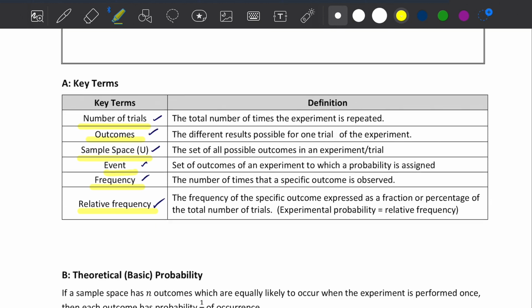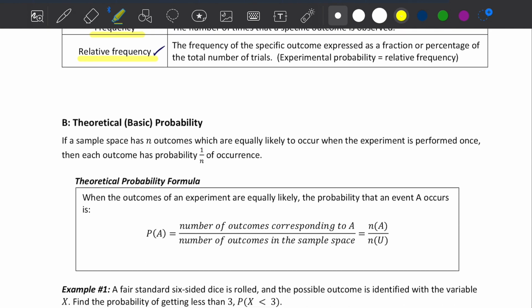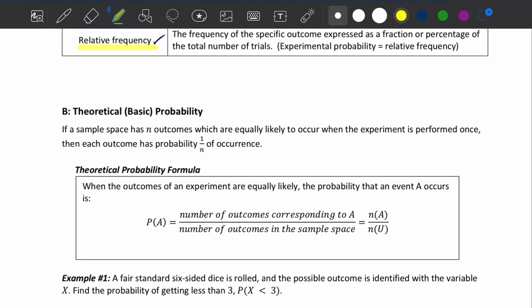Okay, then let's talk about theoretical probability. If a sample space has n outcomes which are equally likely to occur when the experiment is performed once, then each outcome has 1 over n chance of occurrence. So theoretical probability is just like in theory. It's a probability that can be identified in theory.